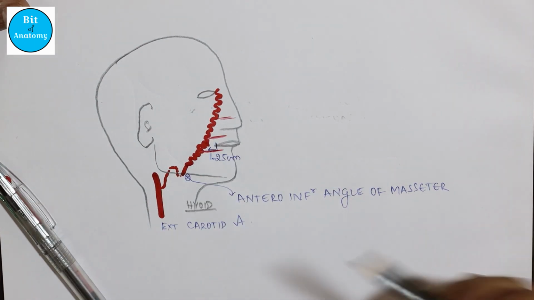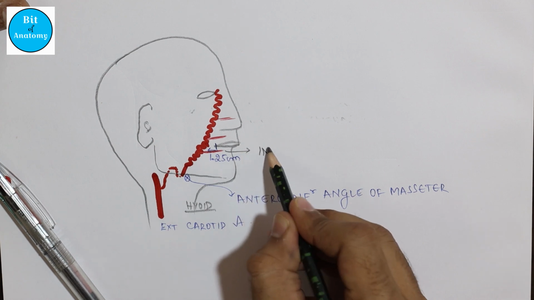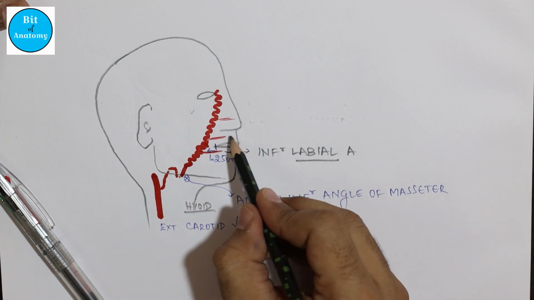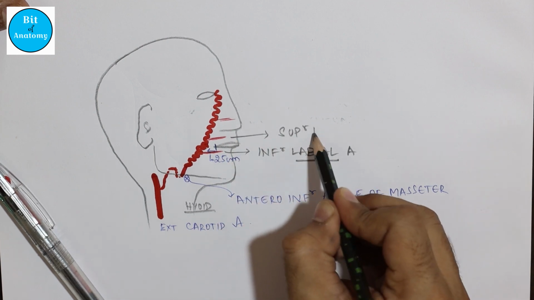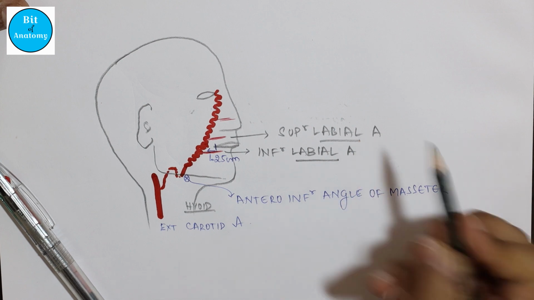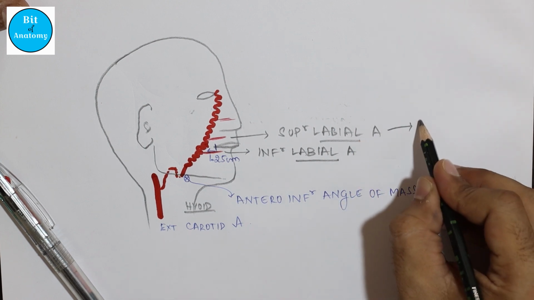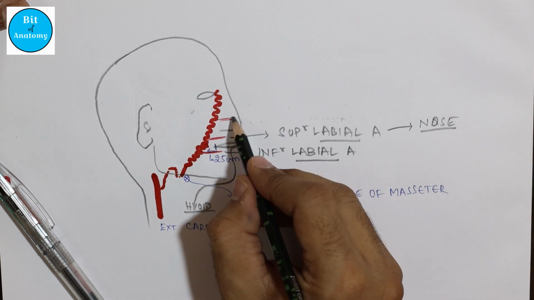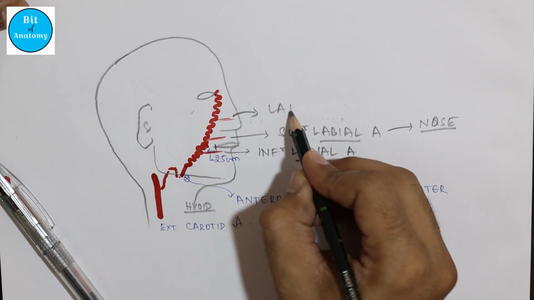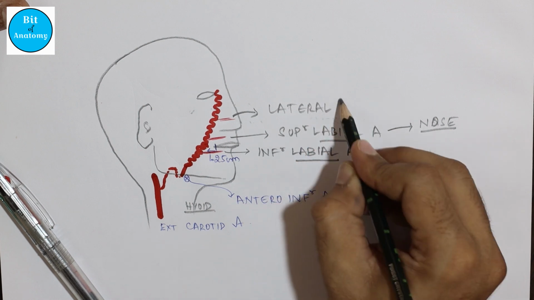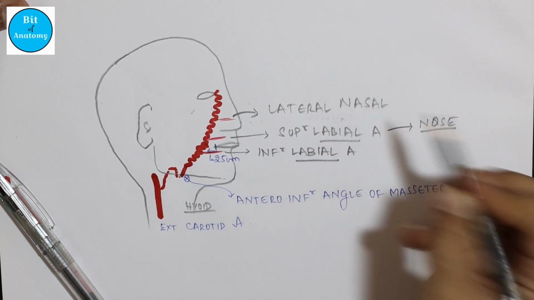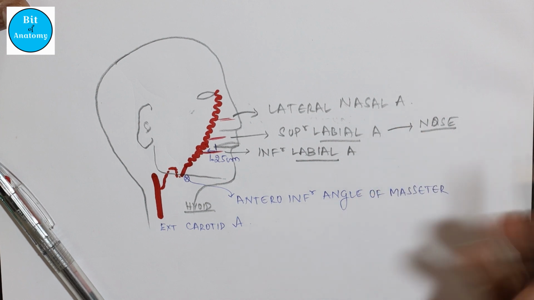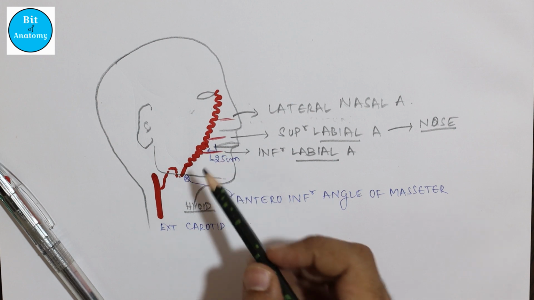These branches are correspondingly called the inferior labial artery going to the lower lip, and the superior labial artery going to the upper lip. The superior labial also provides some branches to the nasal septum, and the lateral nasal artery supplies the lateral or external part of the nose. So these are the three named branches in the face.